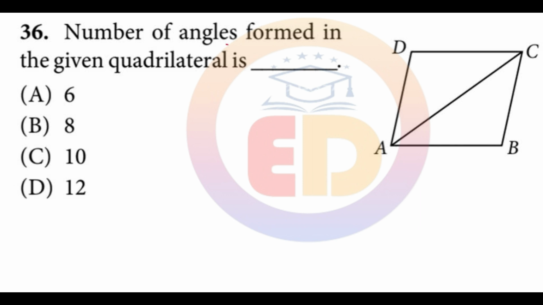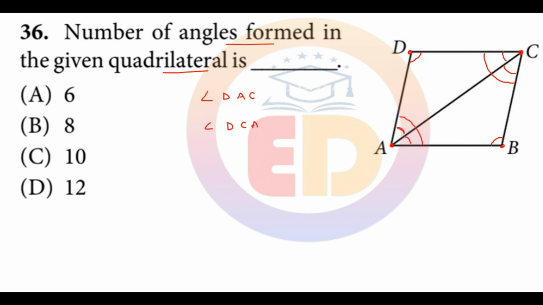Number of angles formed in the given quadrilateral. Let's look at point D, point A, point B and point C. Let's name them. Angle DAC, angle DCA.